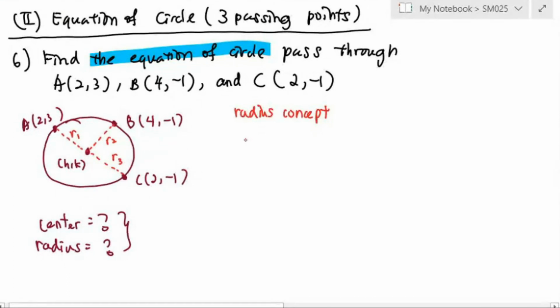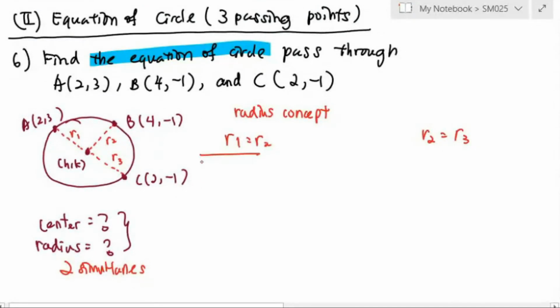We need to build two simultaneous equations, so I can build R1 equals R2, and at the same time R2 equals R3. Of course, you can also use R3 equals R1, but since I only need two equations for the simultaneous equations, I don't need another one. You can choose R1 equals R2, R2 equals R3, or R1 equals R3.